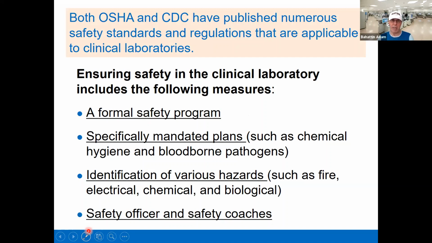Ensuring safety in the clinical laboratory includes several measures. These are a formal safety program, specifically mandated plans such as chemical hygiene and bloodborne pathogens, identification of various hazards such as fire, electrical, chemical, and biological, and a safety officer and safety coach.